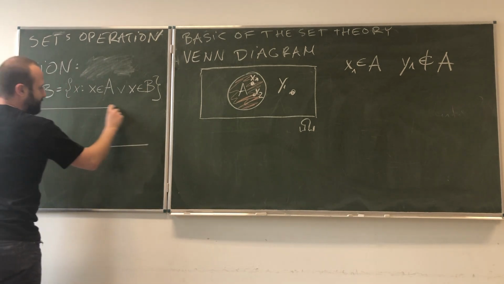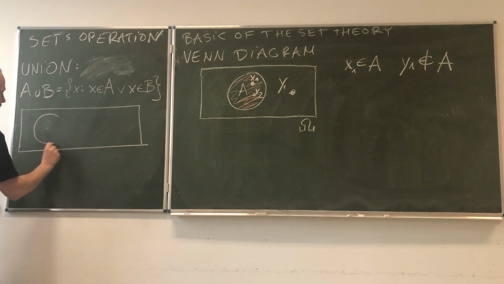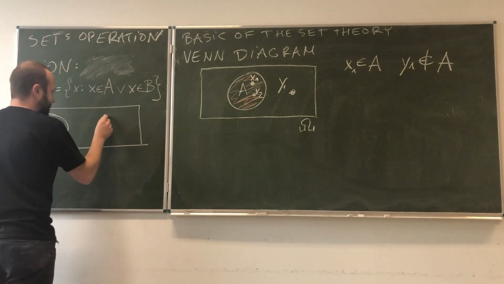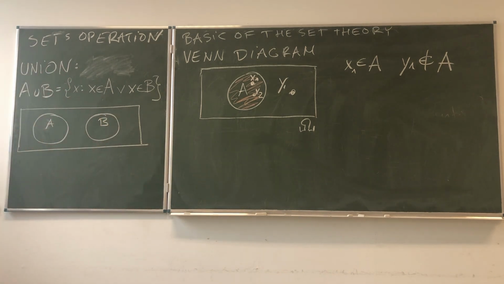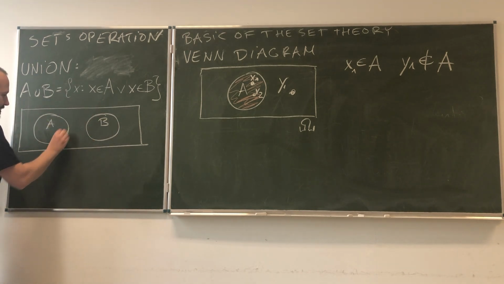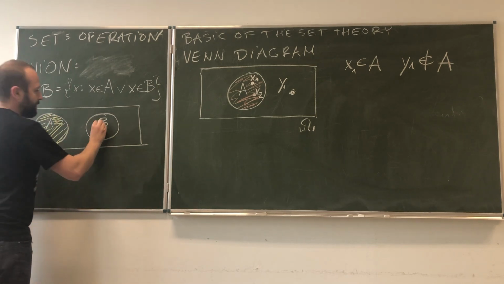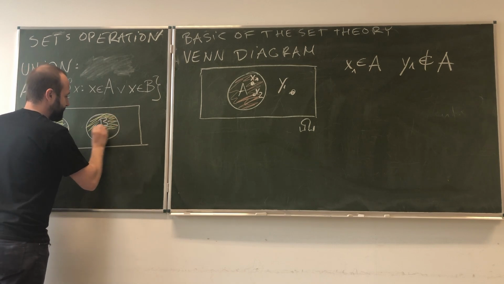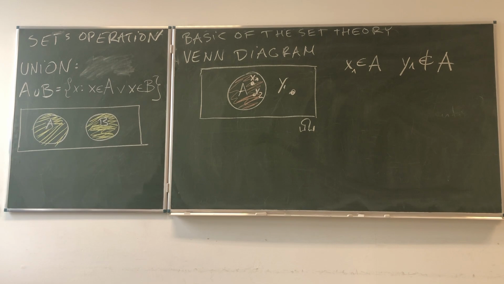Look, we can have different situations over here. First, we can have disjoint sets. Disjoint means they do not have a common part. The union of these two sets is all the elements that belong to set A and all the elements that belong to set B.